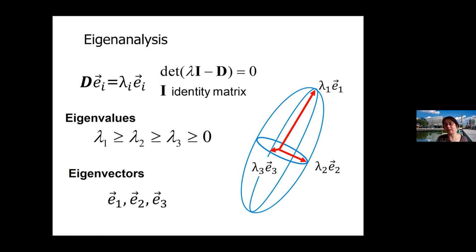So for these diffusion tensors, we can make this calculation of eigenvalues and eigenvectors, and we obtain some information on the orientation of these ellipsoids and the amount of diffusion. And we will be using that also for the visualizations.